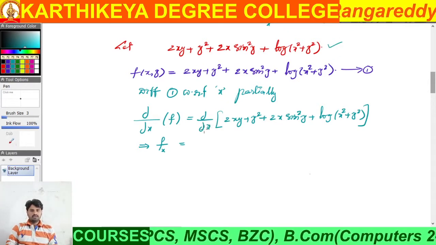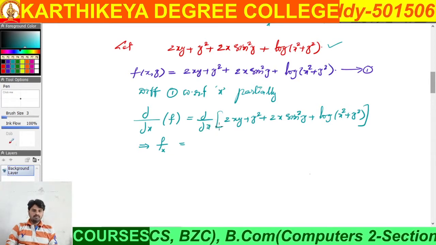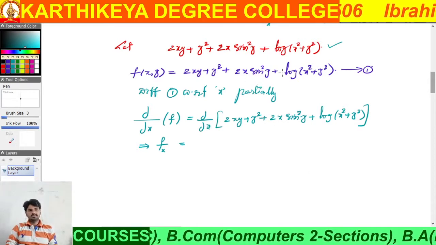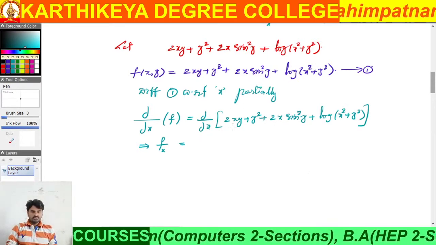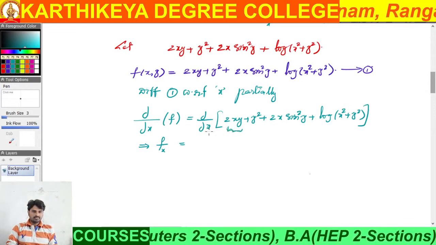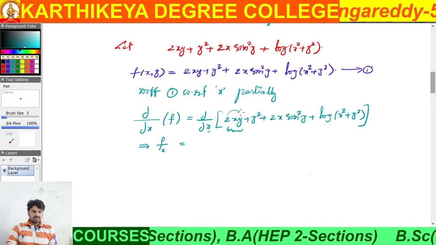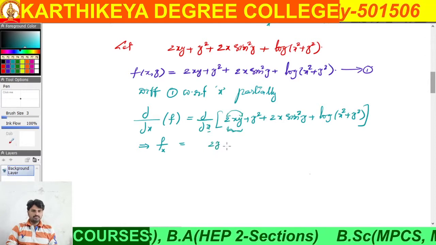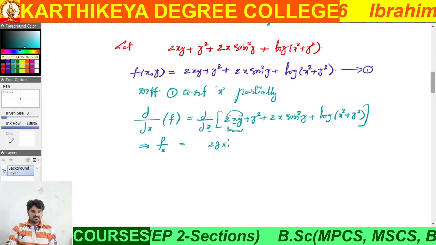While differentiating with respect to the x variable, the remaining variable, the y variable, can be treated as a constant. So for the first term, the constants are 2 and y. You can write 2y before it, and differentiating x with respect to x, you will get 1.